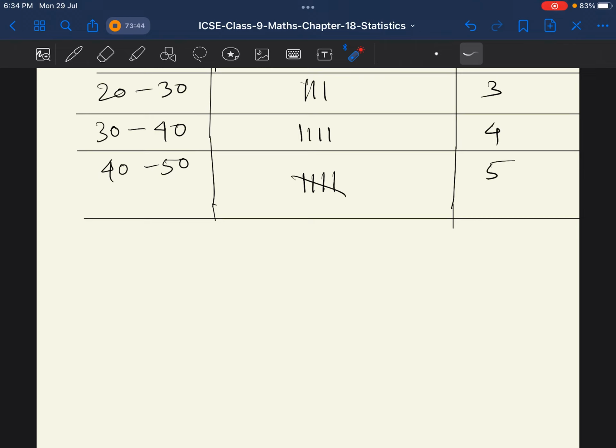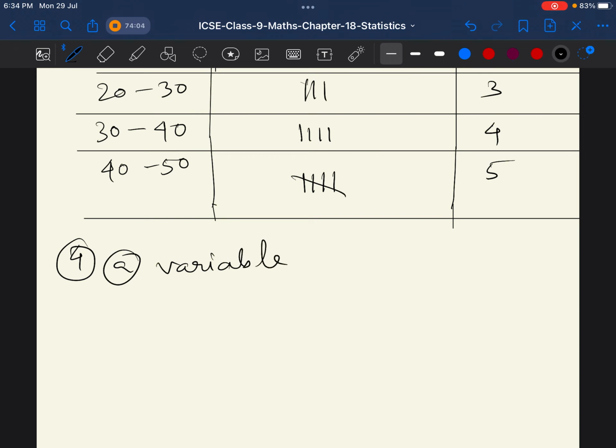Now question number 4. Fill in the blanks. A quantity which can vary from one individual to another, we know it is called a variable. Okay, so this is the variable.